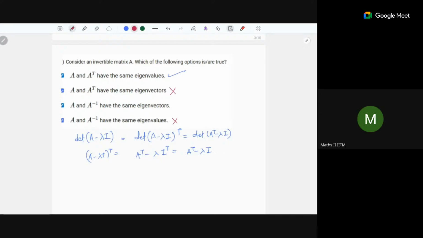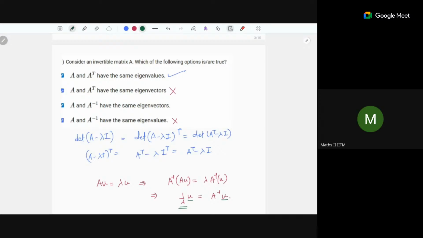For example, if you have Av equal to lambda v, and you multiply A inverse on both sides, what will you get? You will get v equal to lambda A inverse v, so A inverse v is equal to 1 over lambda v. So the eigenvector remains the same, and the eigenvalue changes to 1 over lambda.